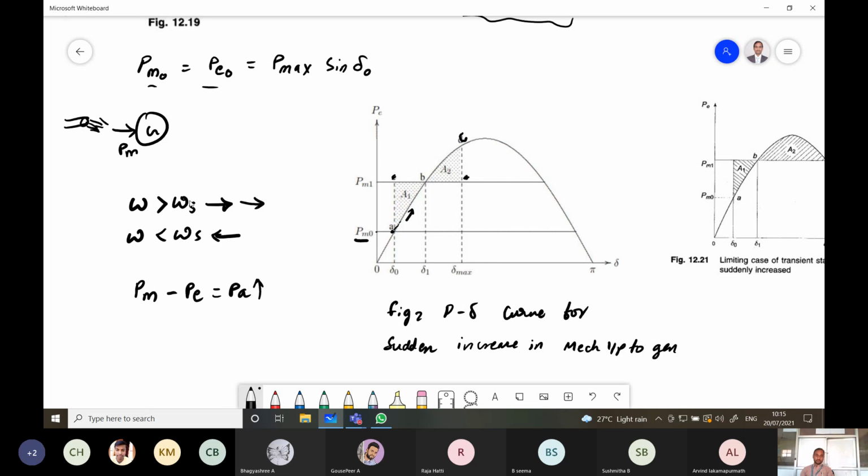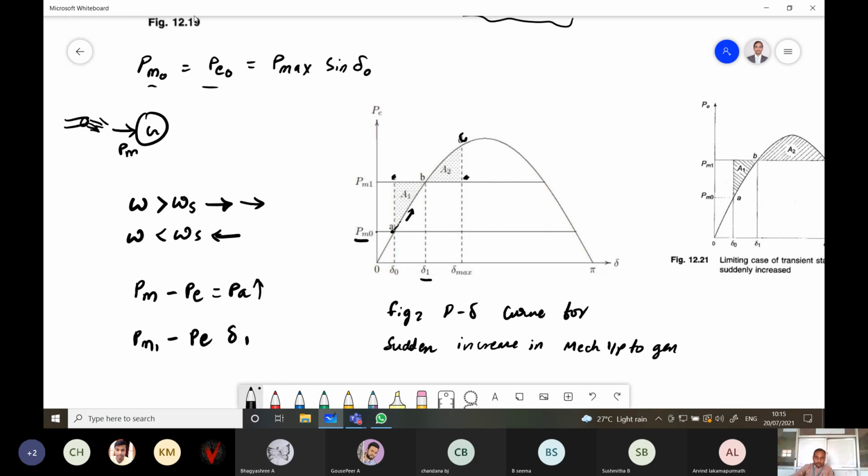Rotor speed is more than omega s, and so does the rotor angle, that is called delta 1. At angle delta 1, Pa is equal to Pm1 minus Pe at that rotor angle delta 1. So that is at point B, accelerating like this.